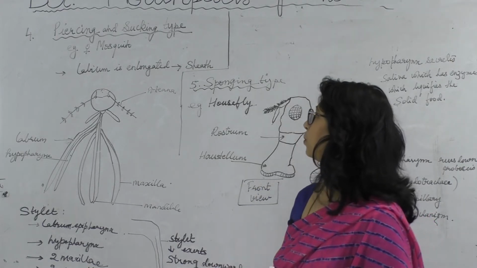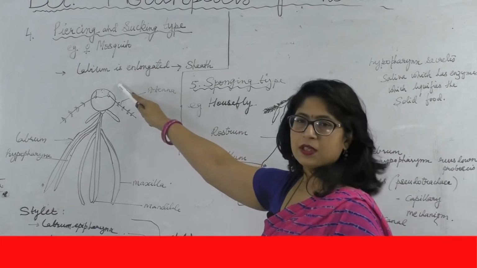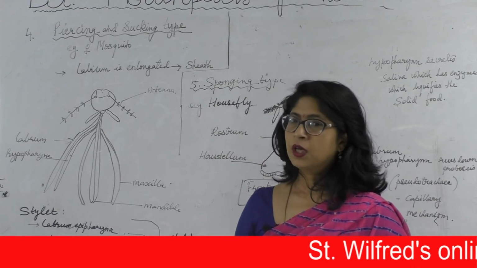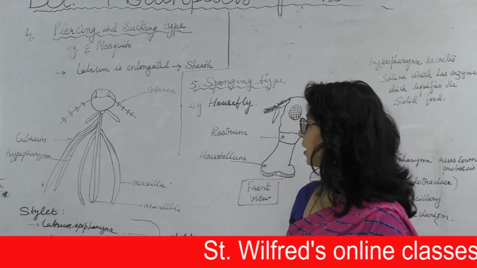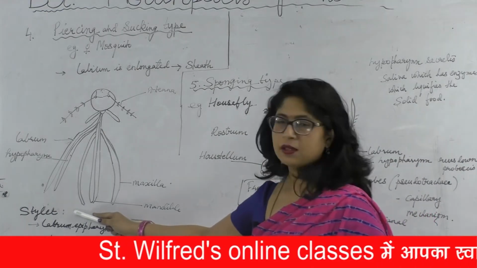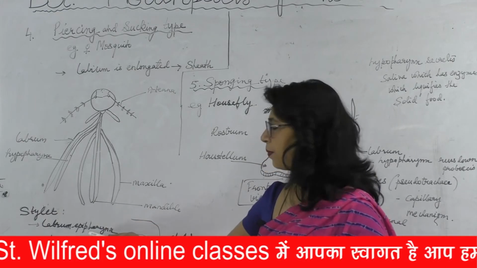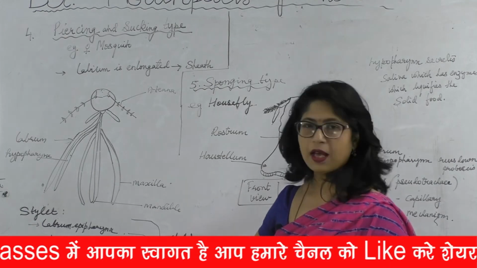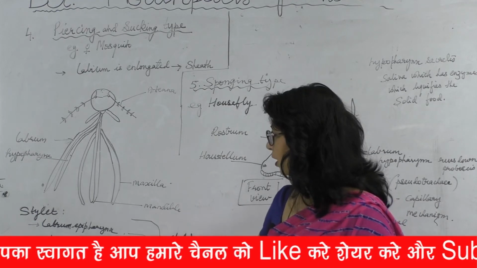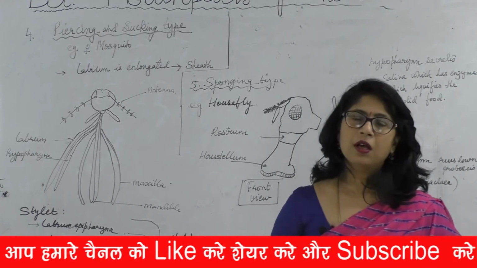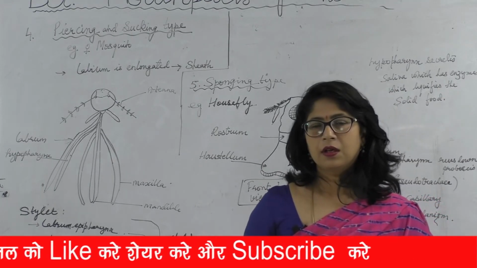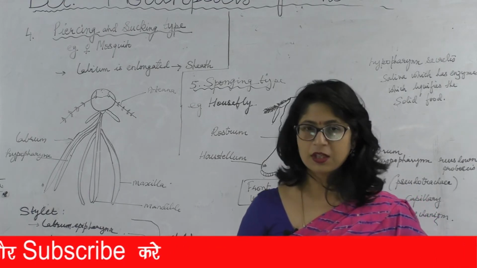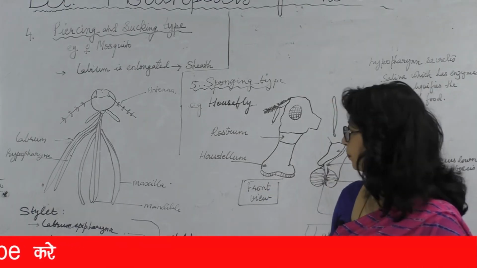In this type of mouthpart, the labium is elongated and it forms a sheath-like structure which encloses stylet. Stylet consists of labrum epipharynx, hypopharynx, two maxillae and two mandibles. Now these structures are strong and provide a thrust into the skin of the host.